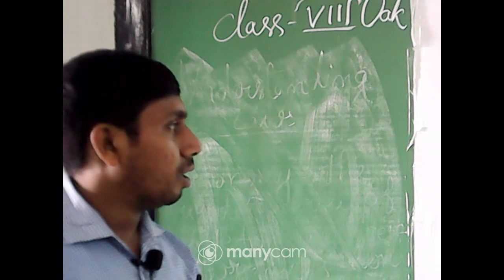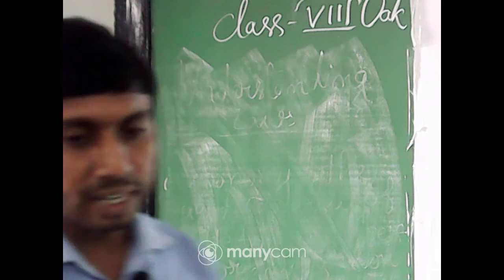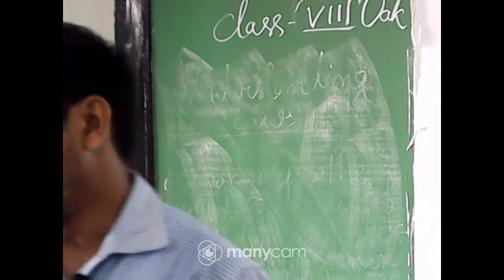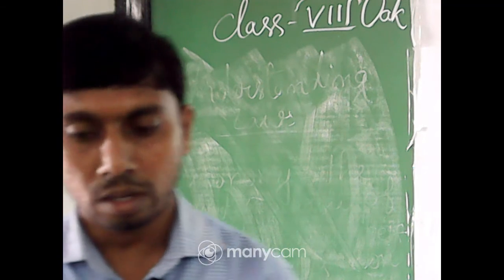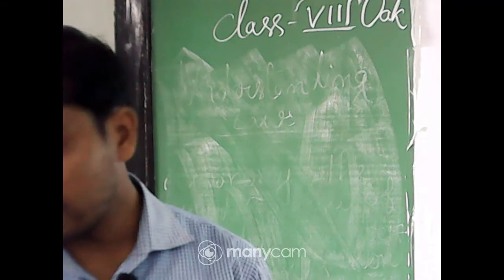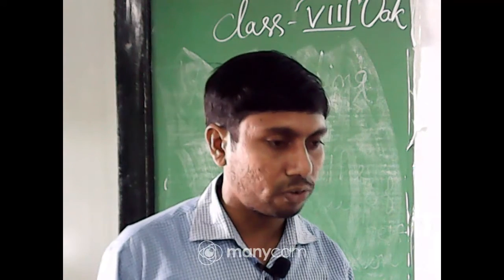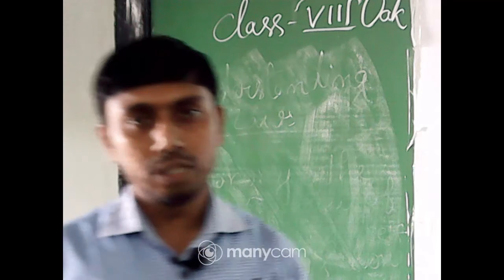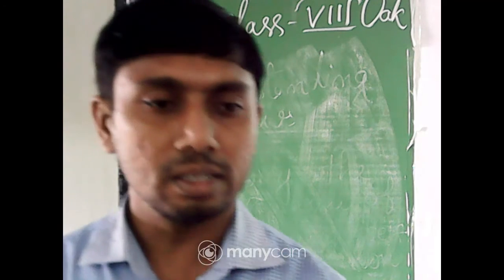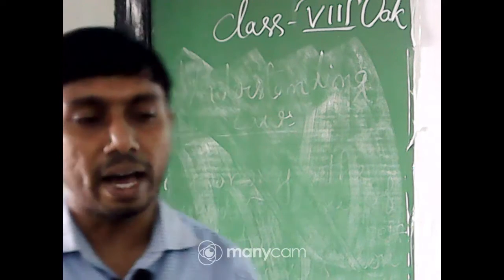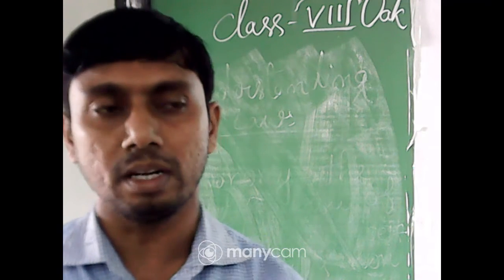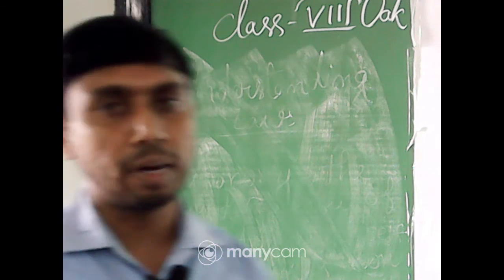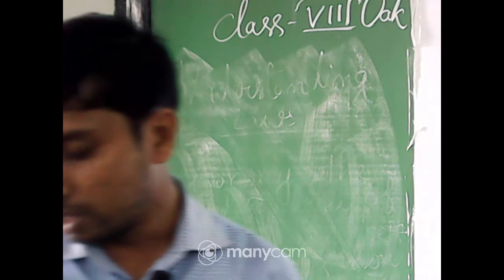Okay. So let's start with the chapter that is combustion and flame, which was already continuing. Last day there was one offline video for you on Tuesday. You have seen it. In this video I told you about the very small topics of that chapter: what is spontaneous combustion, what is rapid combustion.